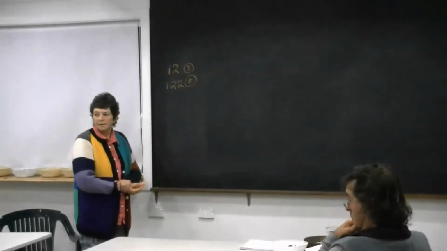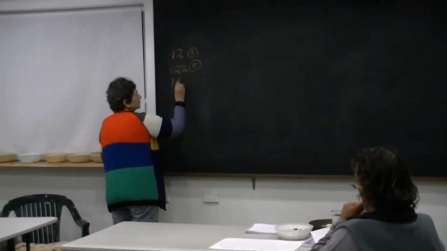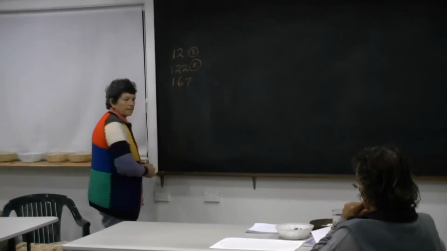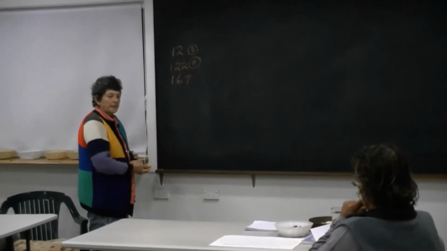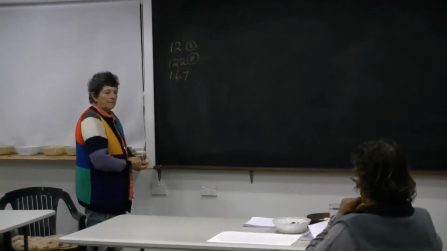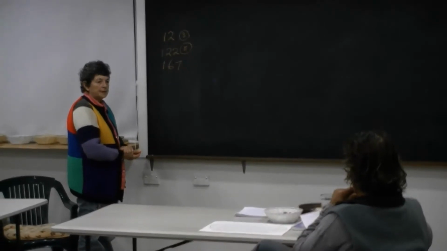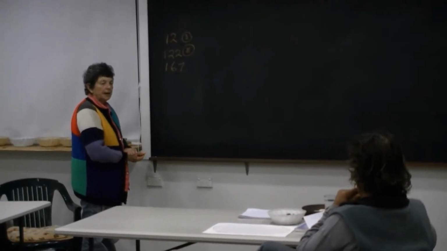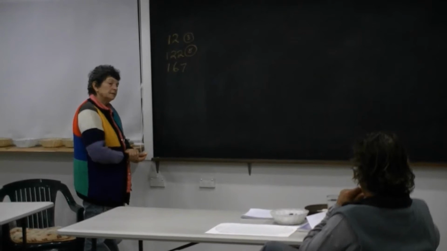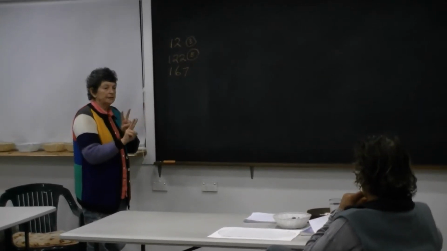So if you put maybe 167. Seven and 1 is 8. 8 and 6, 13. 8 and 6 is even and even.